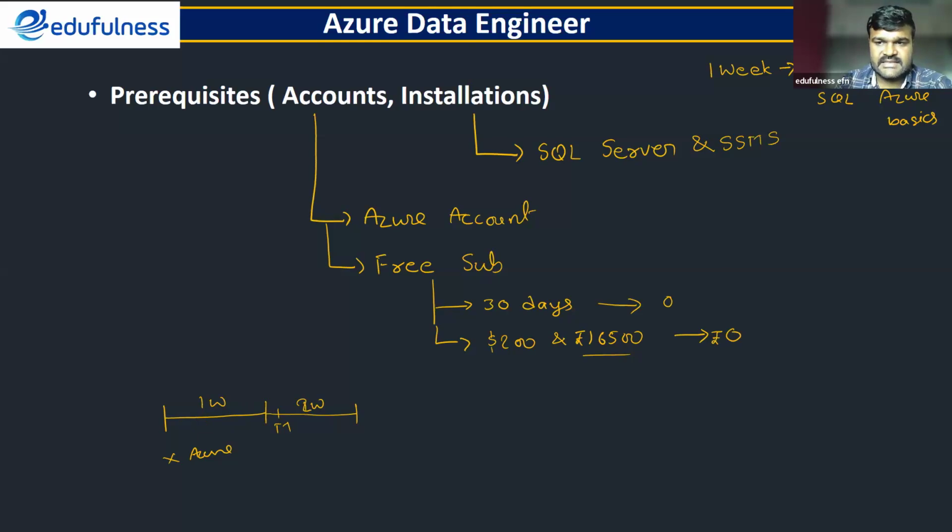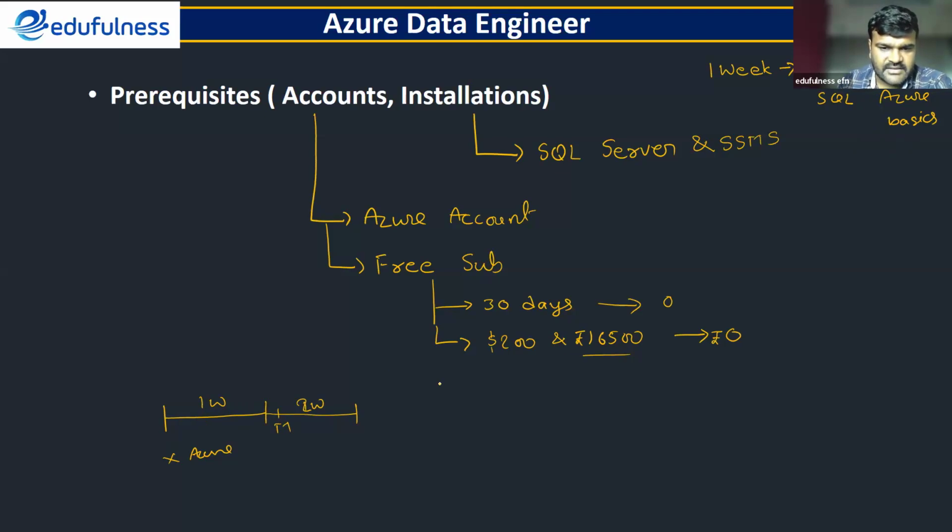What we are discussing in the 30% is basics, the structure, the hierarchy, how you will create the Azure services. Once you get familiar with that, you can comfortably start the actual services like Data Factory, Databricks, Data Lake, all these things. So this week you don't worry about this one.